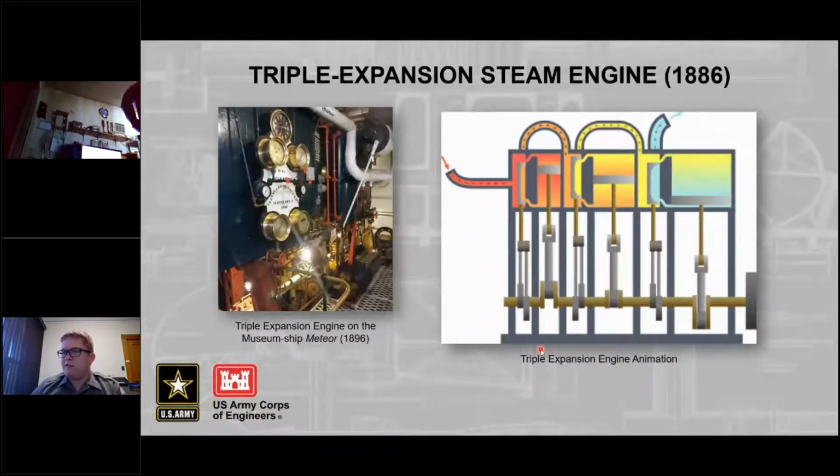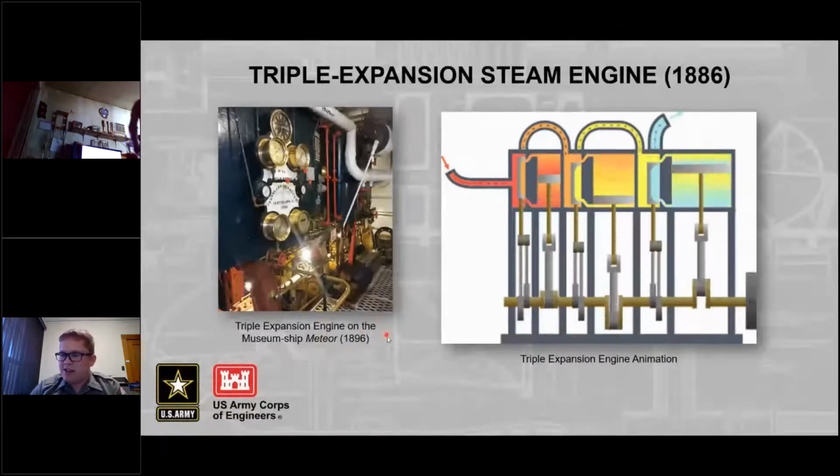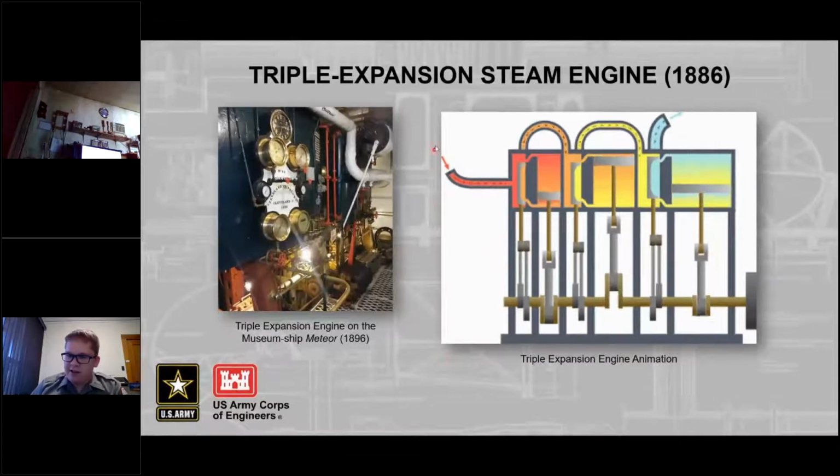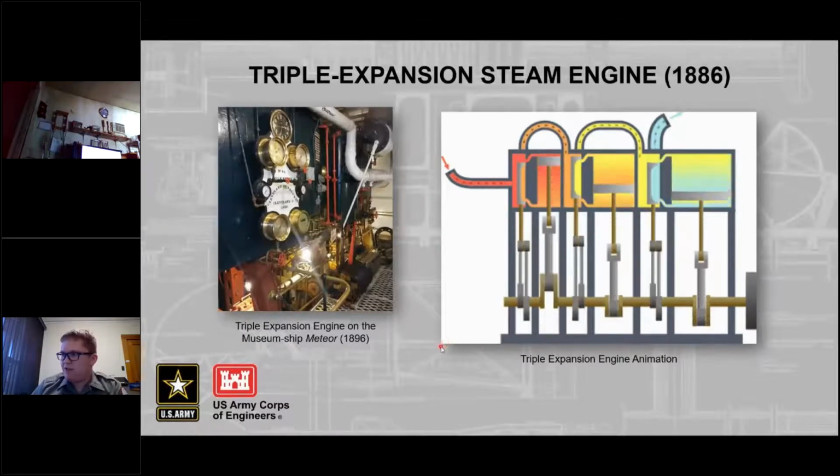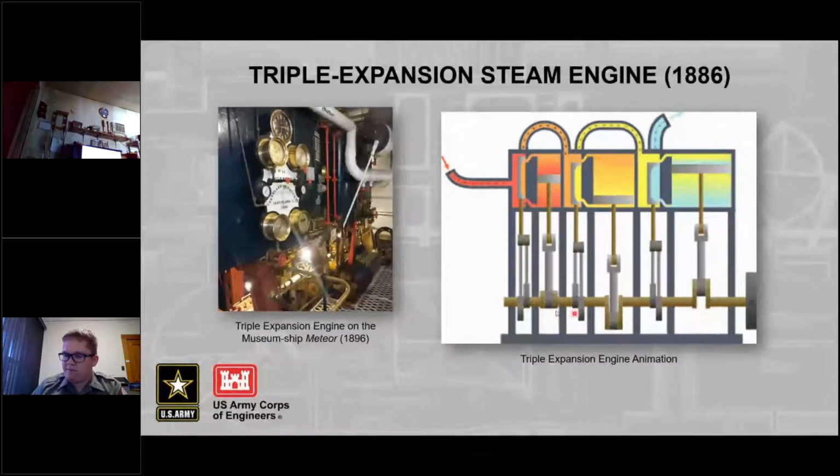And as you can see here on the left with the Meteor steam engine, this is where the engine crew would work on it, but it actually went below the floor quite a bit. And as you can see from the animation here on the right, high pressure steam entered through the first cylinder and passed through the other 2 as pressure was lost. But this is how the propeller was turned down here.